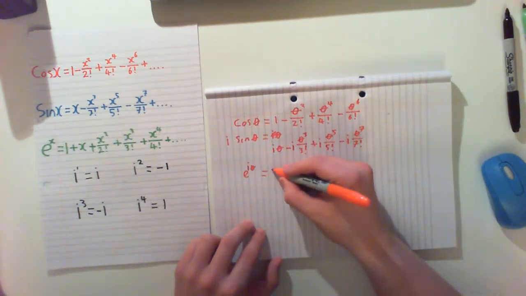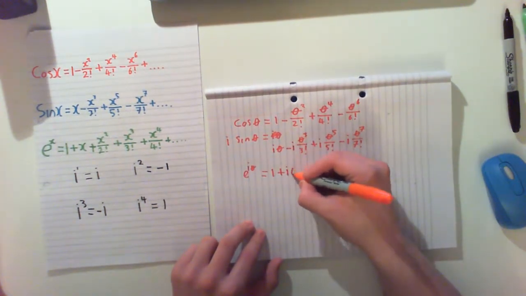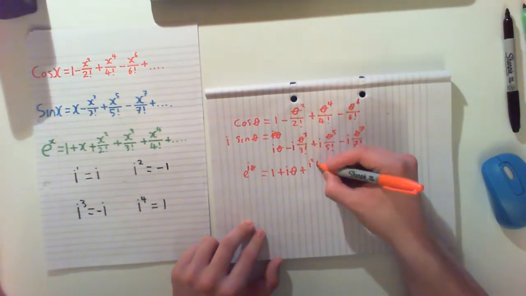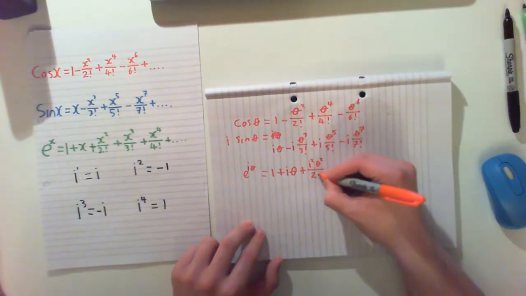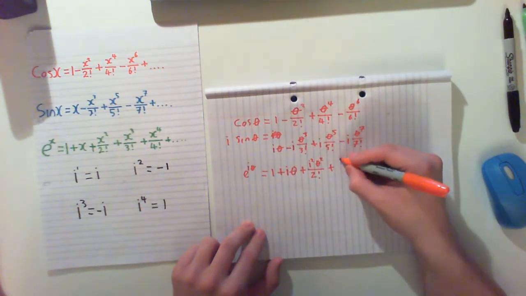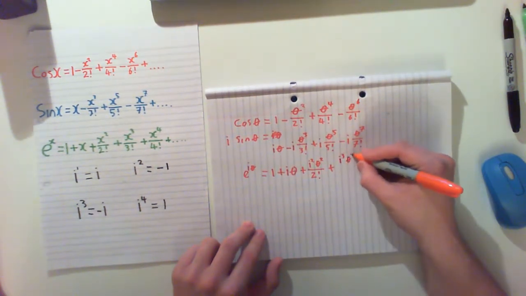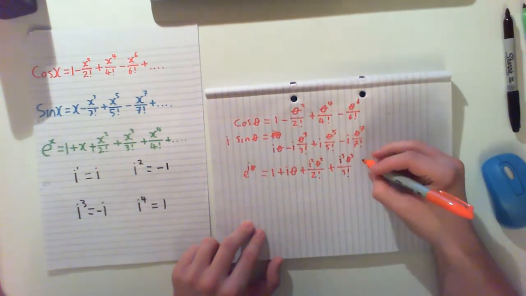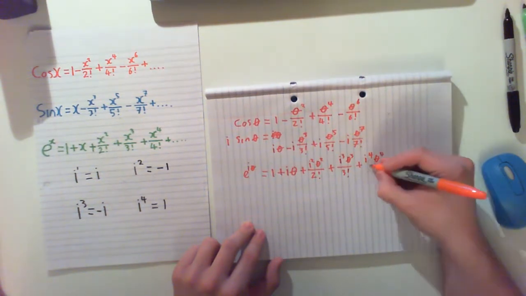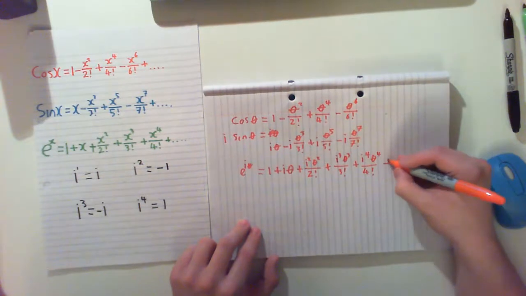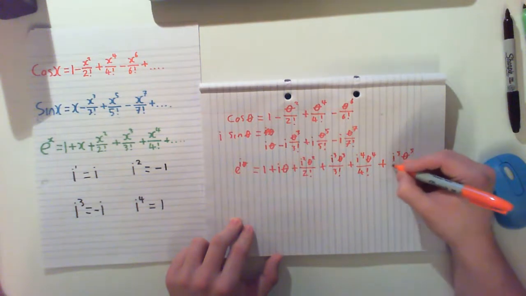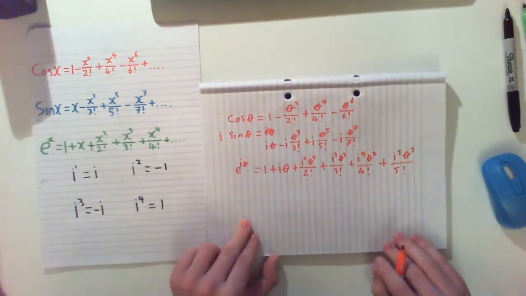So we have 1 plus i theta plus i squared theta squared over 2 factorial plus i cubed theta cubed over 3 factorial plus i to the 4 theta to the 4 over 4 factorial, and we'll do the final term of i to the 5 theta to the 5 all over 5 factorial.